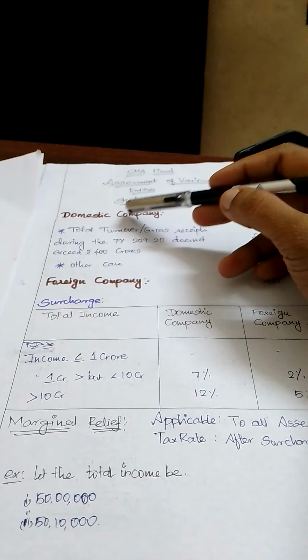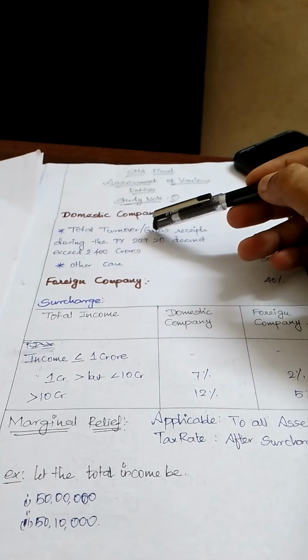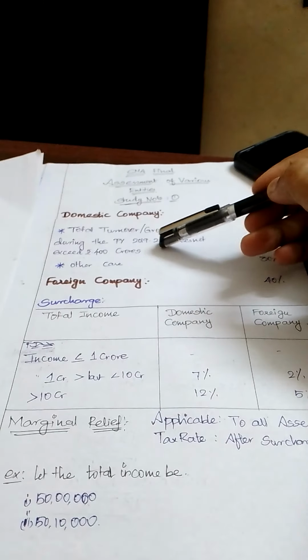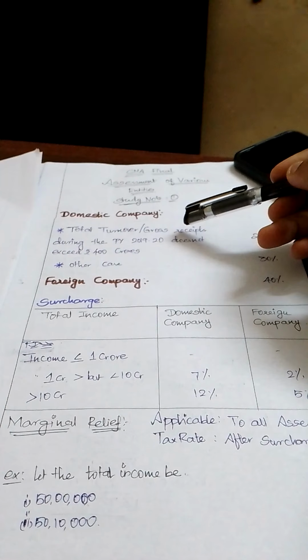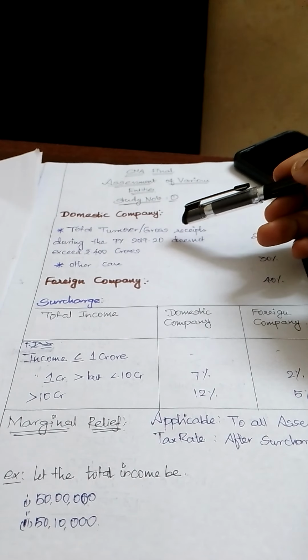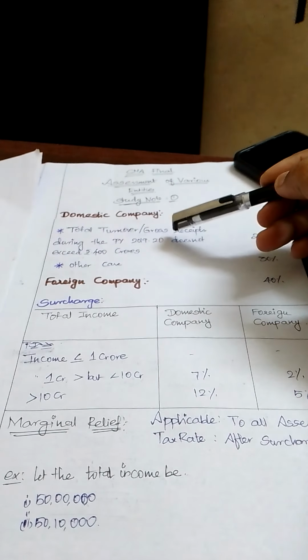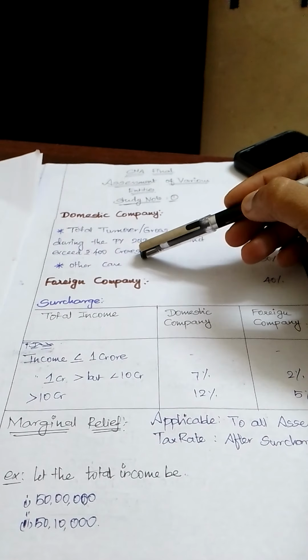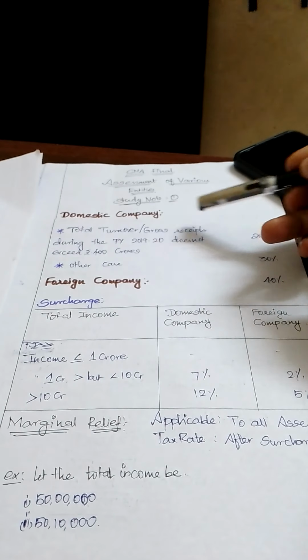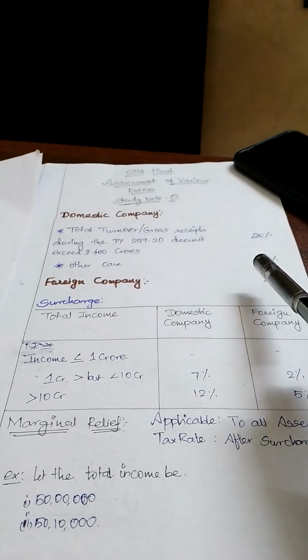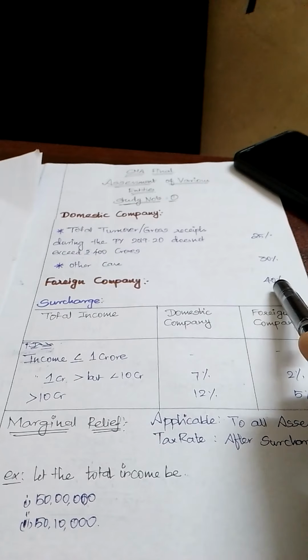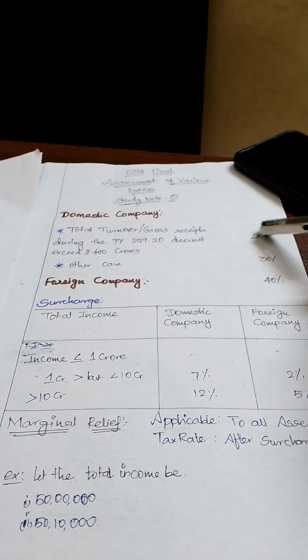Total turnover: if the total turnover or gross receipts during the previous year 2019-20 does not exceed 400 crores, and I'm not talking about profit, I'm talking about the turnover, meaning without deducting the actual expenses, then the tax rate will be 25%. In any other case it will be 30%, and for a foreign company it will be 40%. This is the basic tax rate.